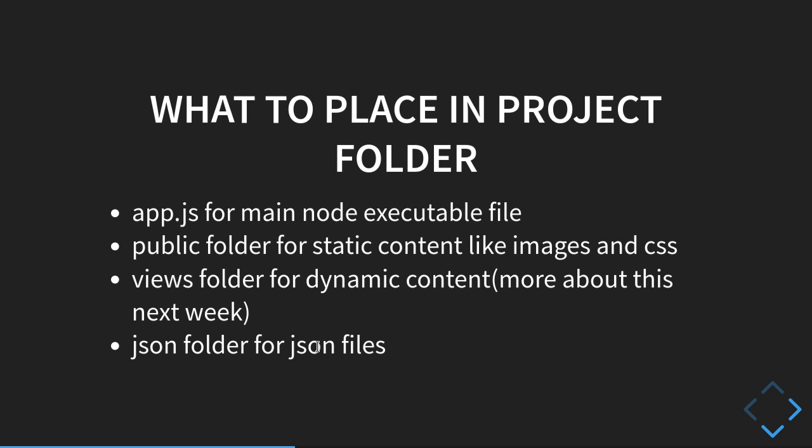And then we will also be creating in the future a folder called views, where we will be working with dynamic pages. But this is something for next week, just remember that in the future you will also be creating an extra folder named views. And if you're working with JSON files, it is also very nice to make a folder called JSON, so that all the JSON files end up in the JSON folder.